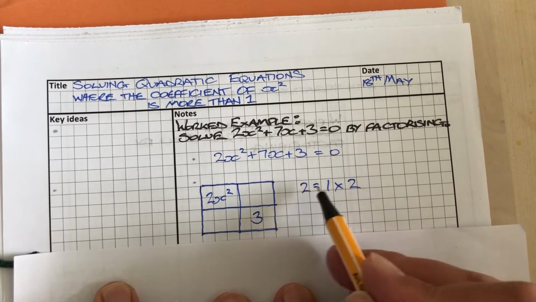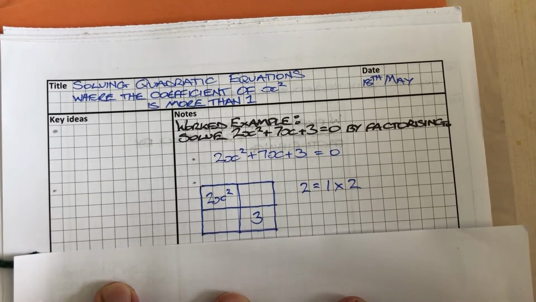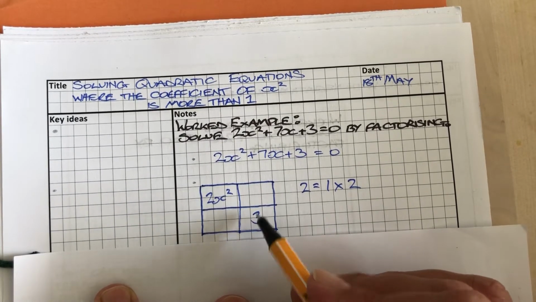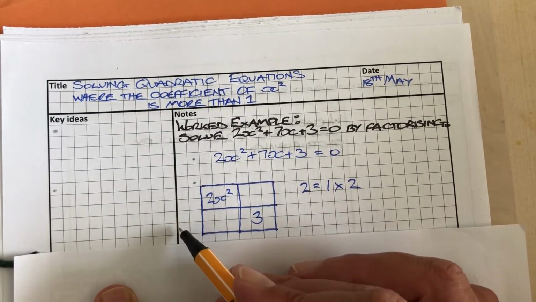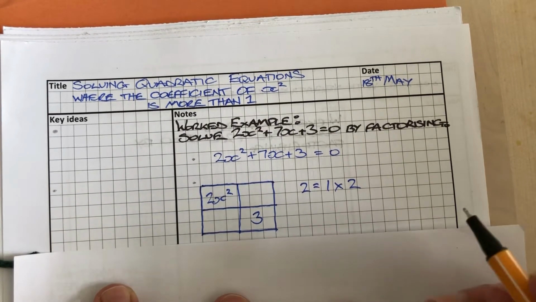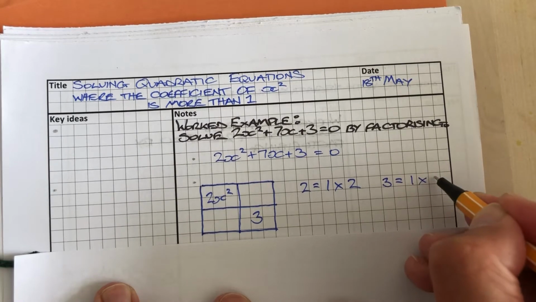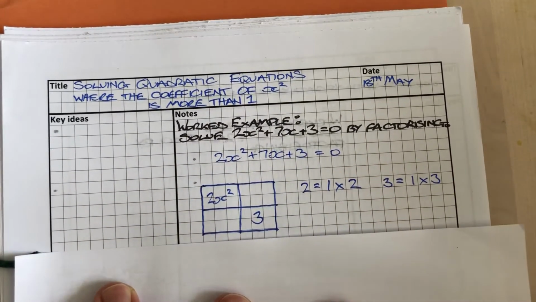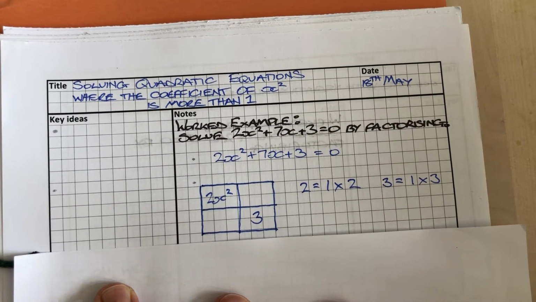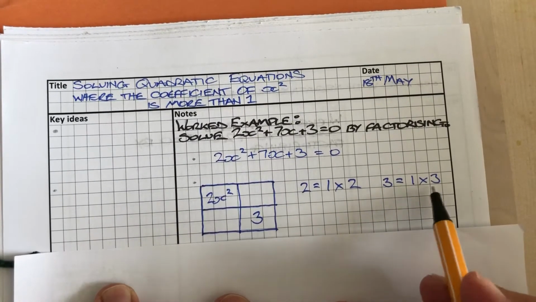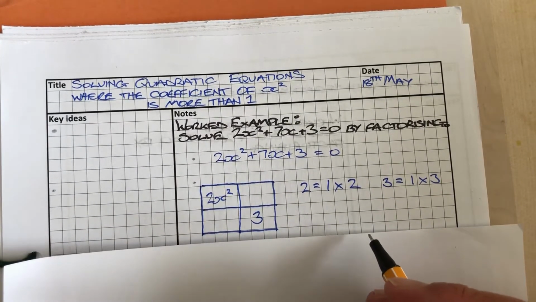There's only one way of making 2 through multiplication. This number, again, is made by this times this. So I look for the factor pairs of 3. And again, I've made it as easy as I can at this point. The only way of making 3 is 1 times 3.